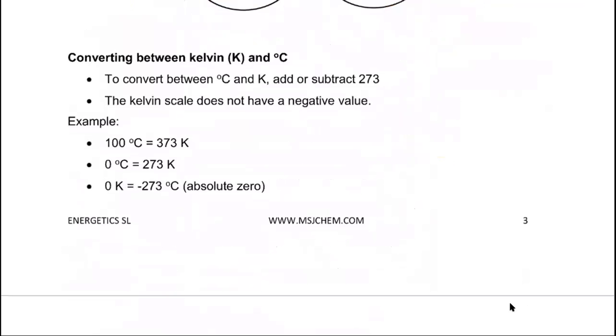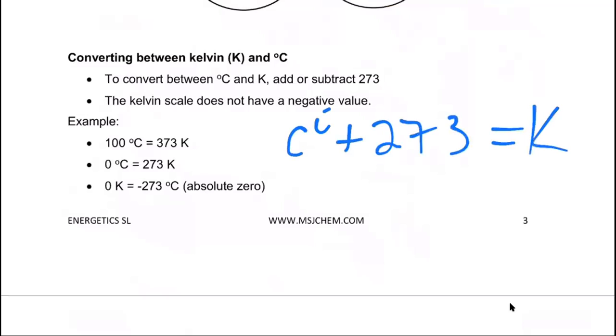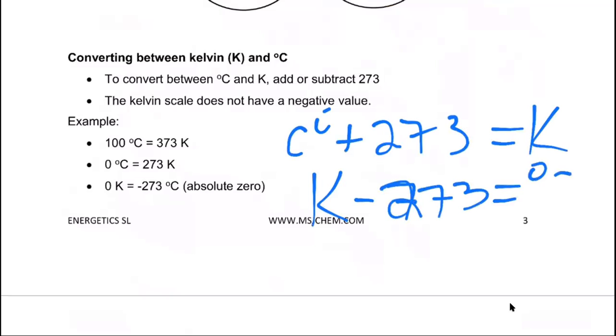We need to remember how to convert temperatures. So we did this in topic 1 when we had to do gas calculations, but if you don't remember, just remember that if we're converting between Celsius and Kelvin, you either add or subtract 273. So if I have Celsius, I'm going to add 273 to get to Kelvin. If I have Kelvin, I will subtract 273 to get to degrees Celsius.